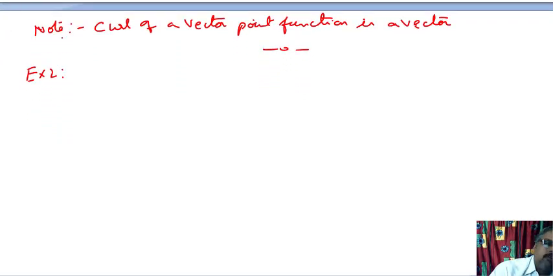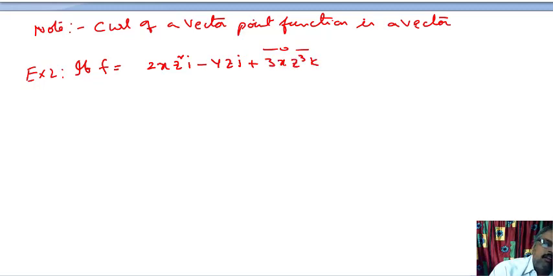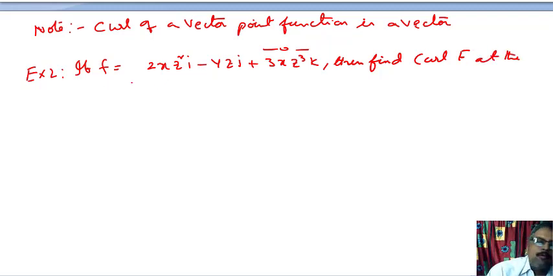If f equals 2xz square i minus yz j plus 3xz cube k, then find curl f at the point (1, 1, 1). Now, solution.